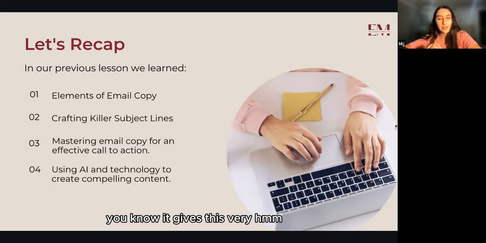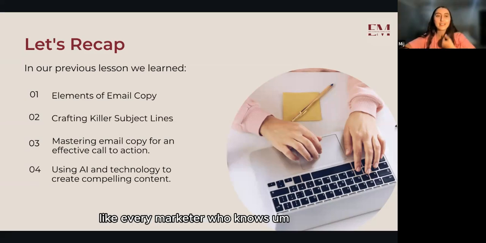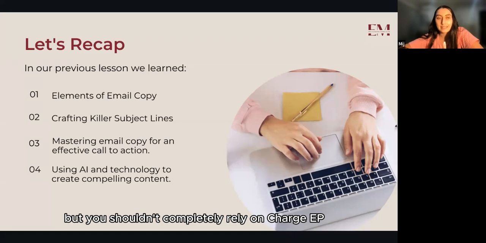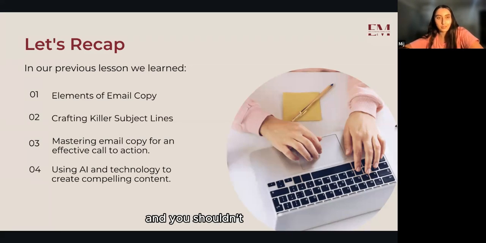You know, it gives these very obvious texts, which are really long, very cheesy, like really cheesy captions, and some words that are very commonly used in ChatGPT, such as digital landscape. Every marketer who sometimes uses ChatGPT identifies it. So you can use it as a base, but you shouldn't completely rely on ChatGPT, and you shouldn't blindly create email copy out of ChatGPT, because this is going to be really, really obvious.